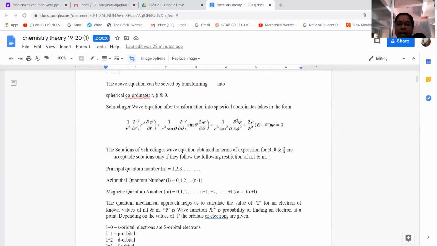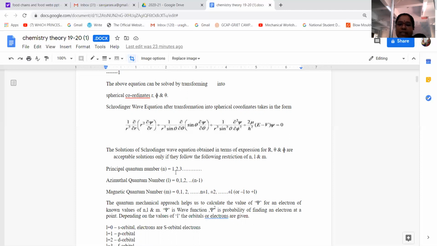What are these n, l, m? You are aware of quantum numbers, right? There are 4 quantum numbers. n is the principal quantum number, which has values 1, 2, 3, etc. Next one is the azimuthal quantum number l, 0, 1, 2, etc., which goes up to n minus 1.